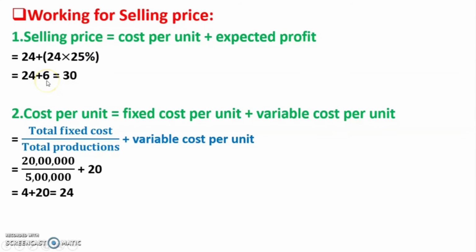Expected profit is taka 6 and cost per unit is taka 24, equals 30, which is the selling price of the product.